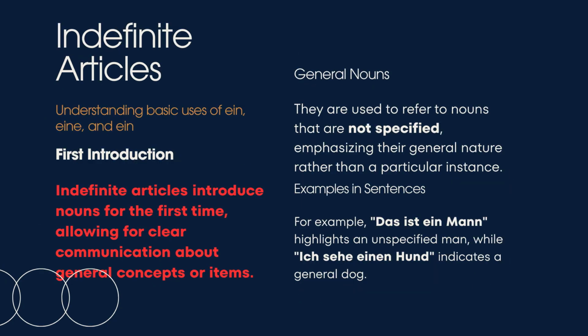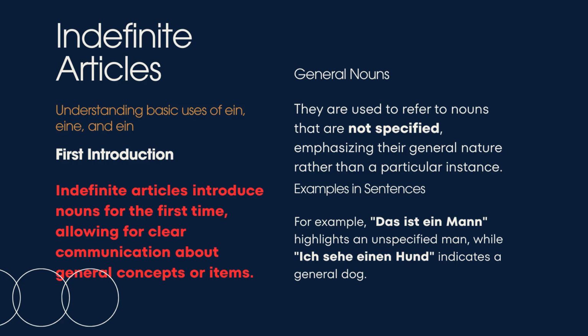The second type of article is indefinite articles. These are used to introduce a noun for the first time.